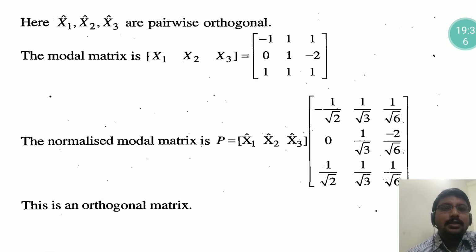Now we can define the model matrix P, that is matrix of x1 cap, x2 cap, x3 cap. So it is the normalized model matrix P. This is an orthogonal matrix because P transpose is P inverse here, and P inverse equal to P transpose.